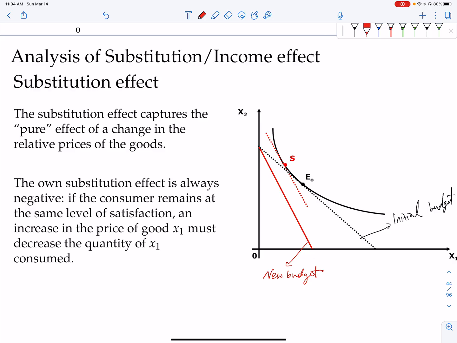All right, so the substitution effect is just looking at the price ratio, and we can think of the substitution effect as the total effect minus the income effect, right?